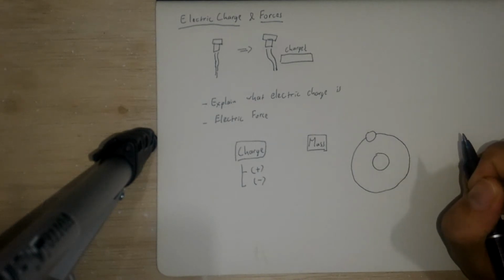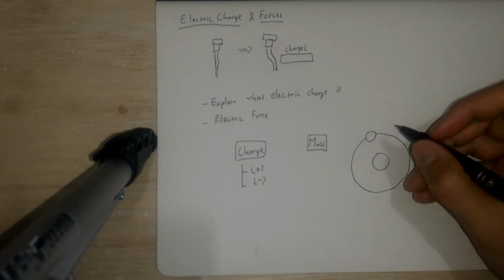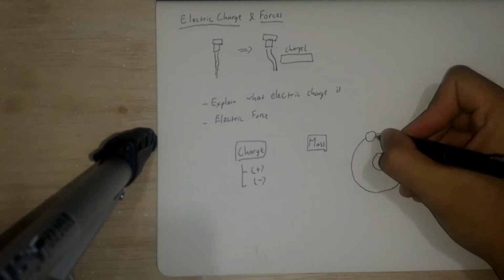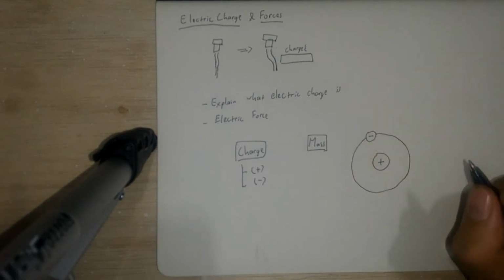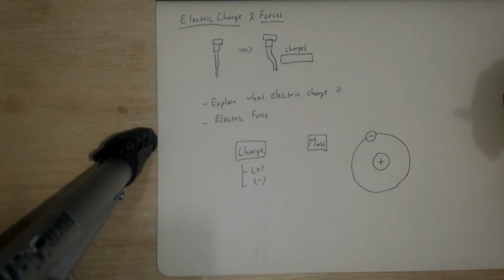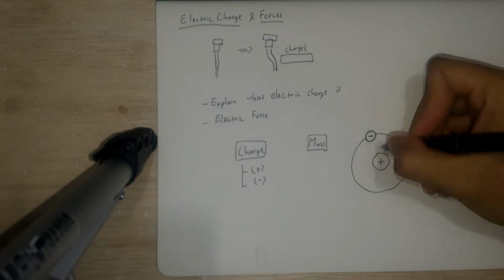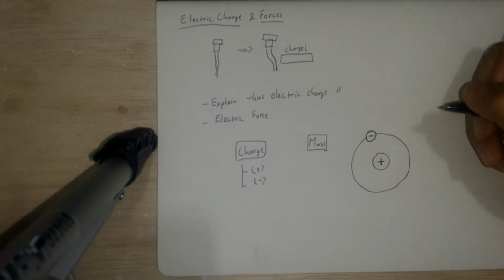The proton, located in the middle, has positive charge, and the electron has negative charge. So the charge of an object is related to the amount of electrons and protons together.